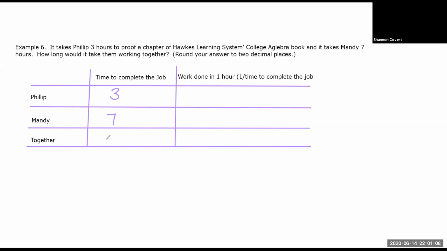I don't know how long it takes them working together, so I'll call that X. Philip's work rate is 1 over 3. Mandy's is 1 over 7. Together it's 1 over X. So I have 1/3 plus 1/7 equals 1 over X. The lowest common denominator is 21X.